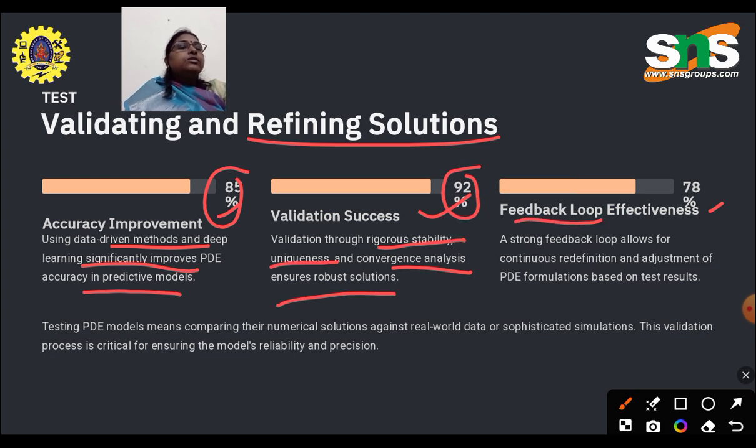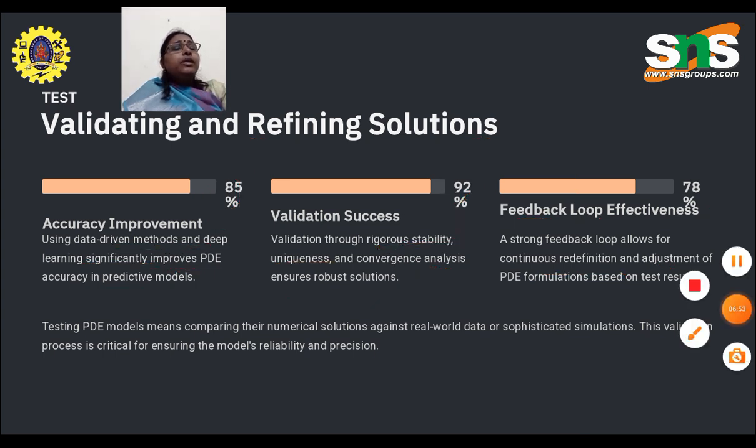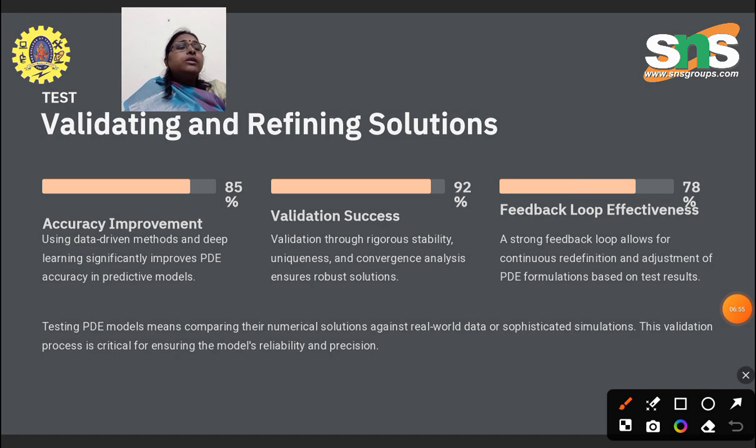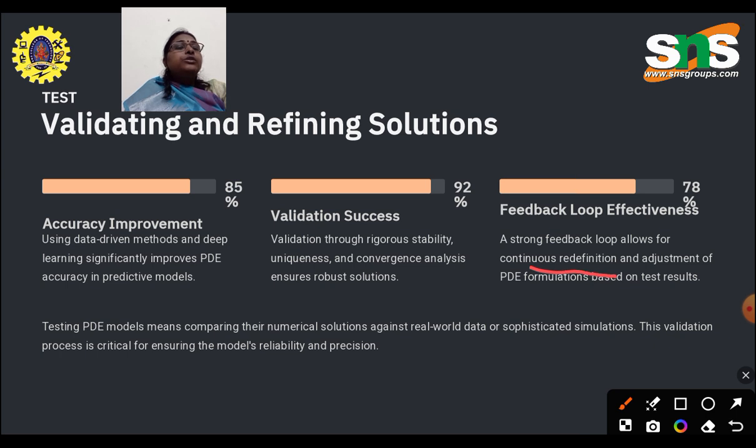This strong feedback loop allows continuous redefinition and adjustment of PDE formulas based on the test results. If we find any discrepancy, we can make continuous adjustments to the formula based on the test results.